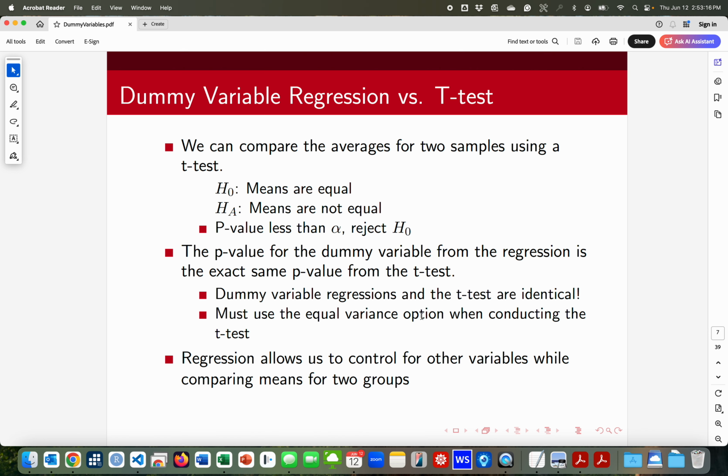So in using multiple regression, we can have the sales price as the dependent variable. We can have a dummy variable equal to 1 if the home was sold by a franchised real estate broker, 0 if it's sold by an independent broker, and we can add all of those other characteristics that might explain the difference in sales price.